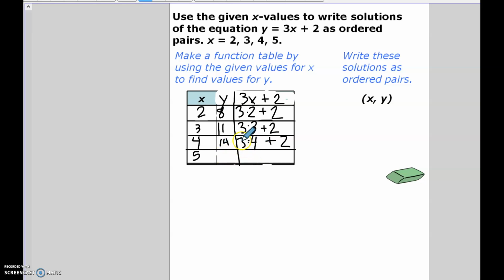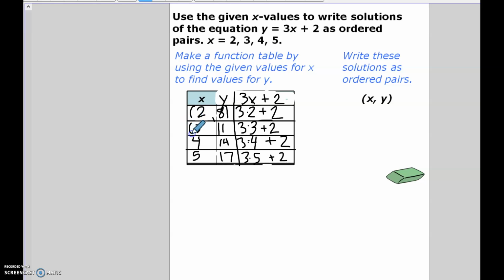All right, not 3 times 4, but 3 times 5 plus 2 now. So that'd be 15 plus 2 is 17. Okay, so these are our ordered pairs right here. 2, 8, 3, 11, 4, 14, and 5, 17. And we can graph these and we'll see a pattern.